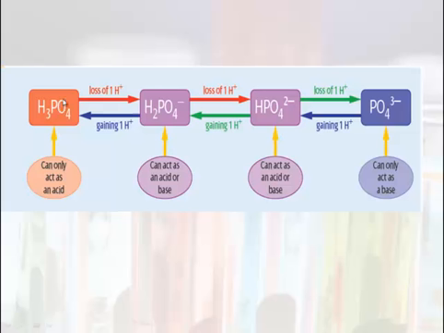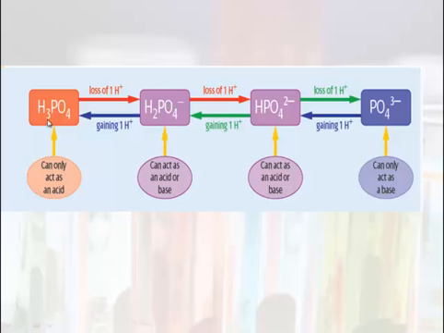Here's a good example here with phosphoric acid. Phosphoric acid is triprotic because it's got 3 hydrogens. At this point here, phosphoric acid can only act as an acid. It can lose 1 hydrogen to become H2PO4 negative. Why does it get a negative charge? Because it's lost 1 proton.